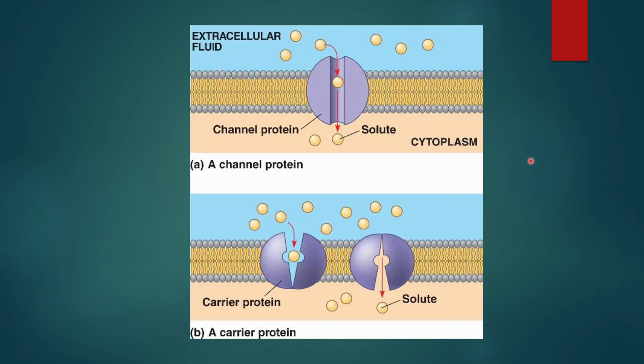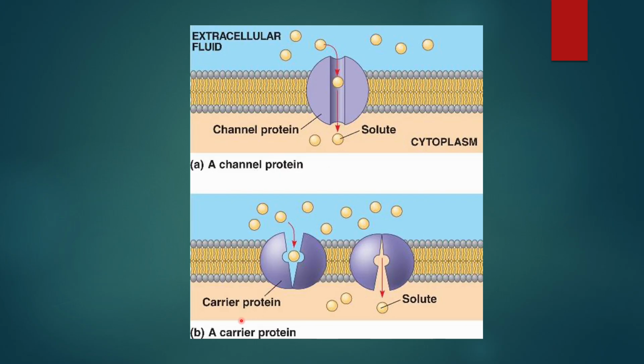Just another diagram of looking at different proteins. Your channel proteins form a channel for substances to pass through, kind of like a little bridgeway, where they're able to go from high concentration to low concentration. Then we have carrier proteins.